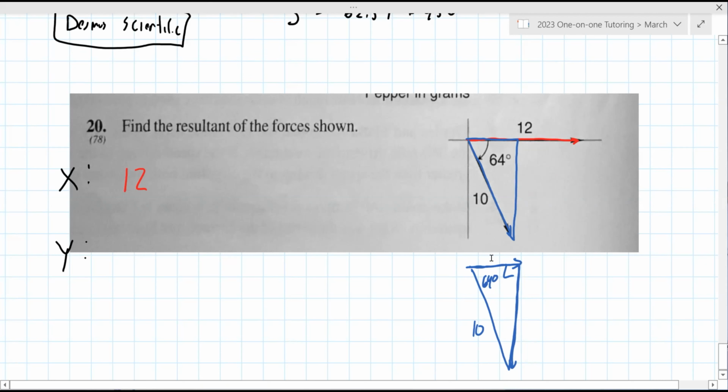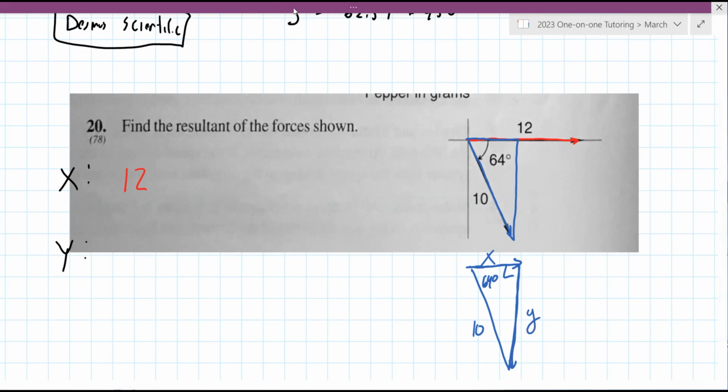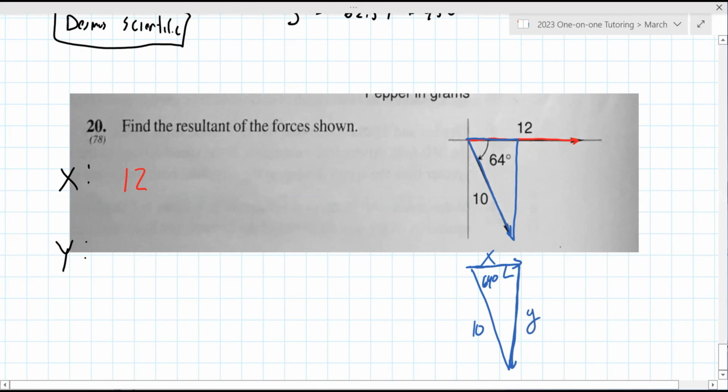So we've got to find the x component and y component using sine and cosine. Let's start with cosine of 64 is x divided by 10. So the x is 10 cosine 64. So that goes up here.